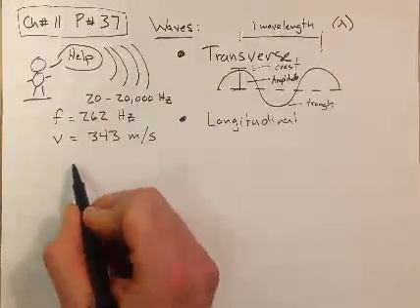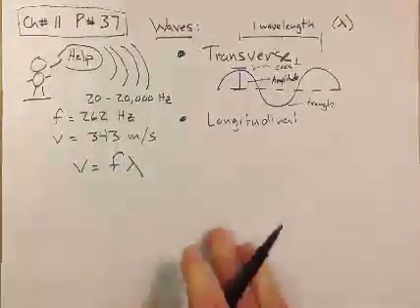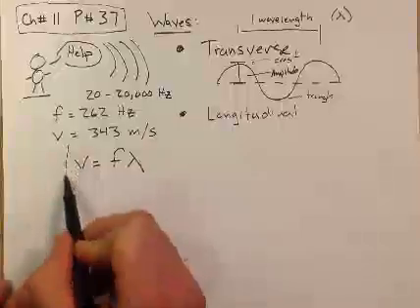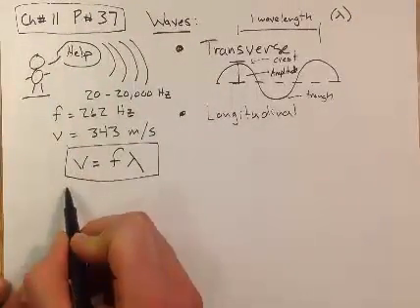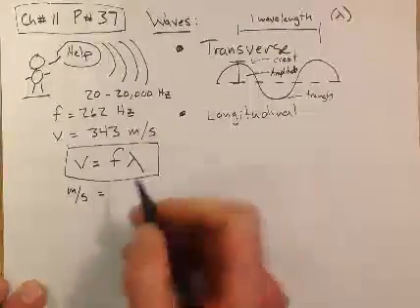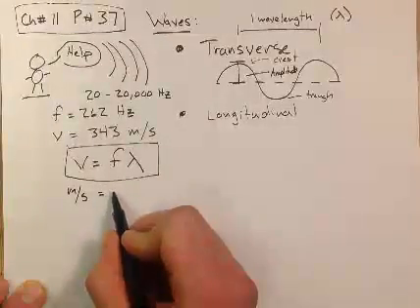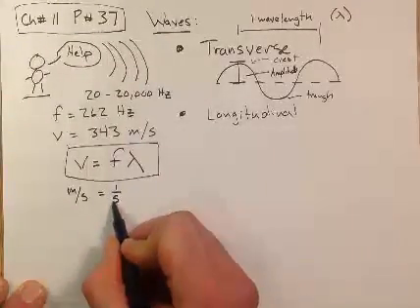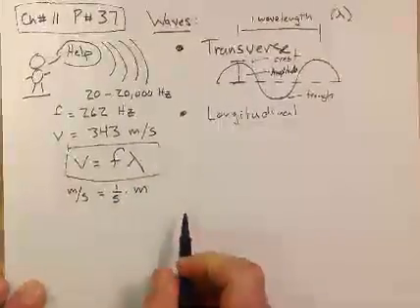For this, we are going to use the wave equation. That's a biggie. This says the speed of propagation of a wave in meters per second is equal to the frequency of the wave, so how many waves per second you have, given in inverse seconds or hertz, times the wavelength of the wave.